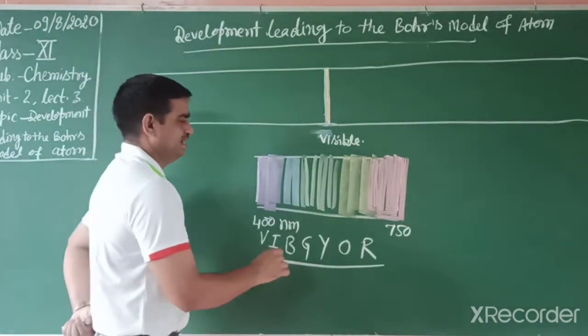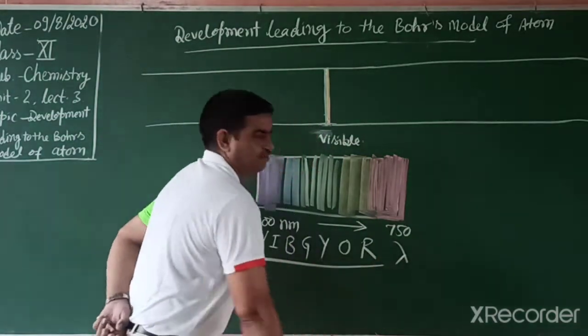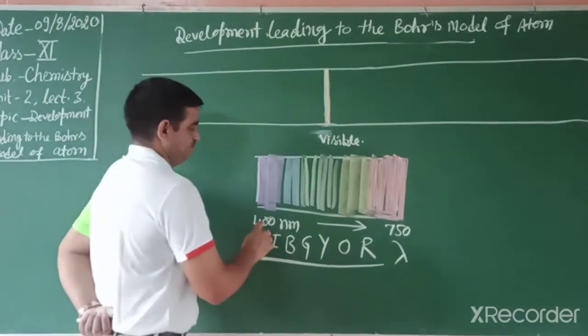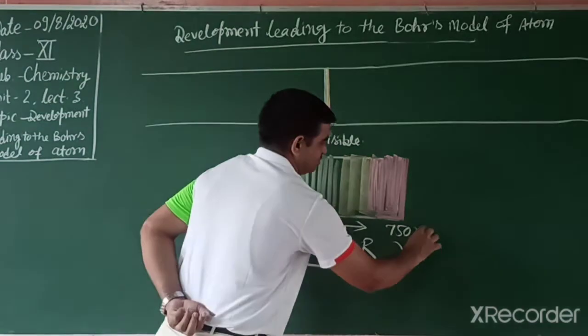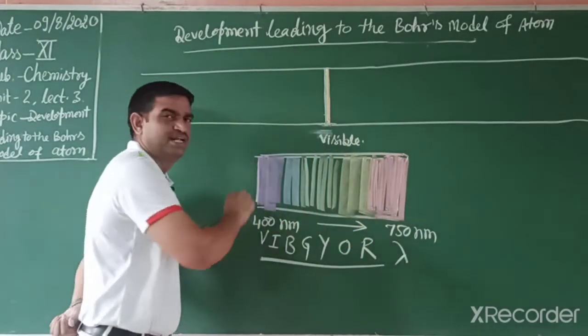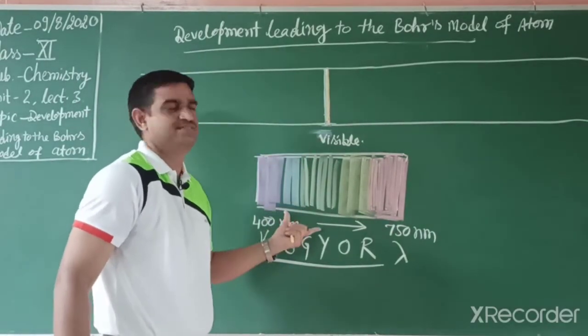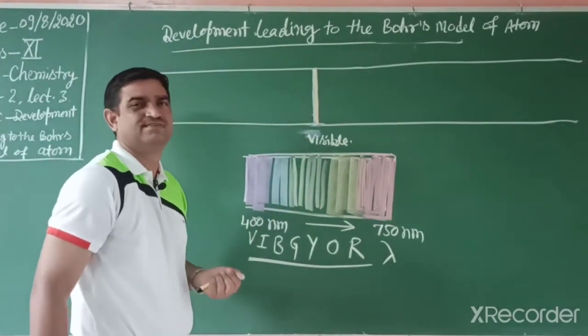The wavelength increases in this way, from 400 nanometer to 750 nanometer. This is the visible light spectrum, only this very small portion of the light we can see.